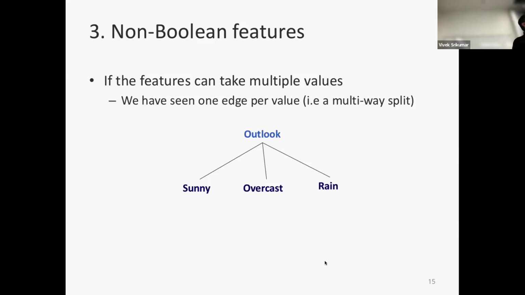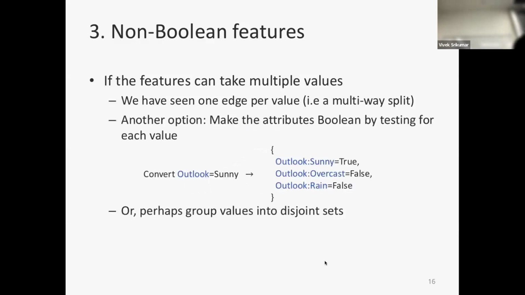But even if your feature takes multiple values, you can convert these features into binary by converting this one feature called outlook into three different features. Outlook sunny is true, outlook overcast is false, and outlook rain is false. So this one feature gets blown up into 3. And then you get only binary trees.